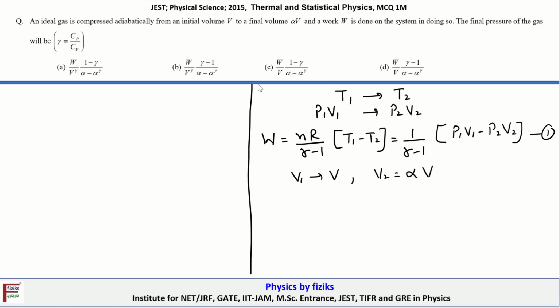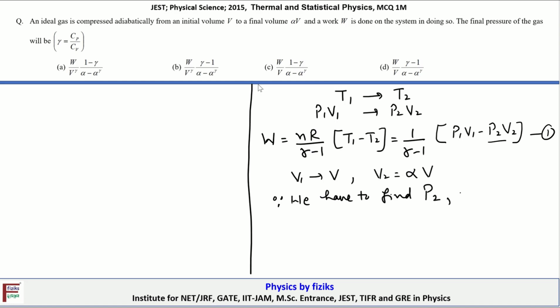Now, because we have to find the pressure P2, what we are going to do is eliminate P1 from equation 1 first. That means we are going to write P1 in terms of P2 in equation 1, and then we will obtain the final expression for pressure P2 from equation 1.